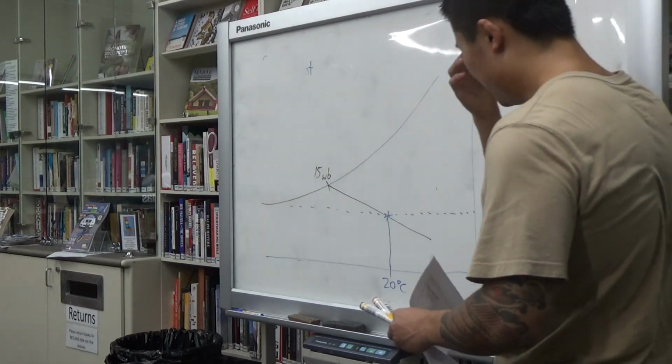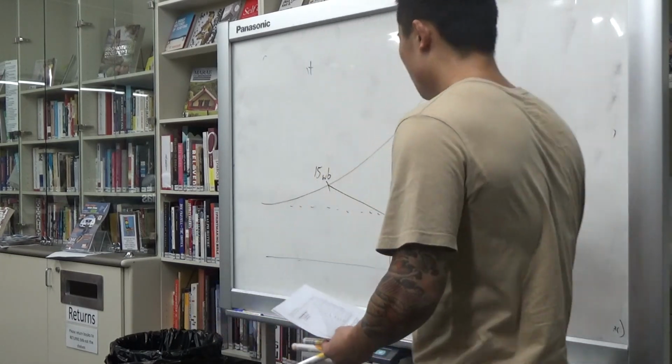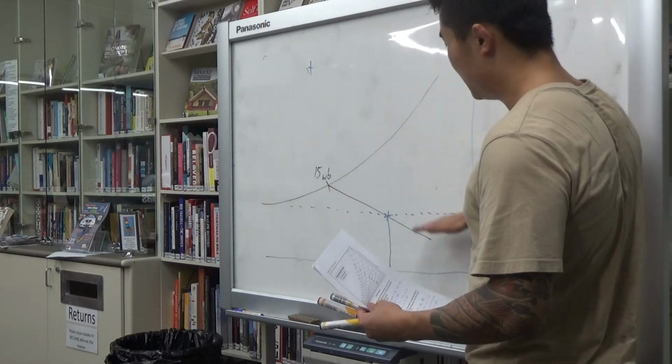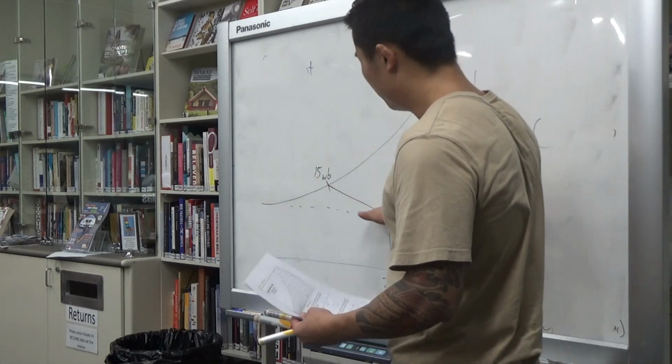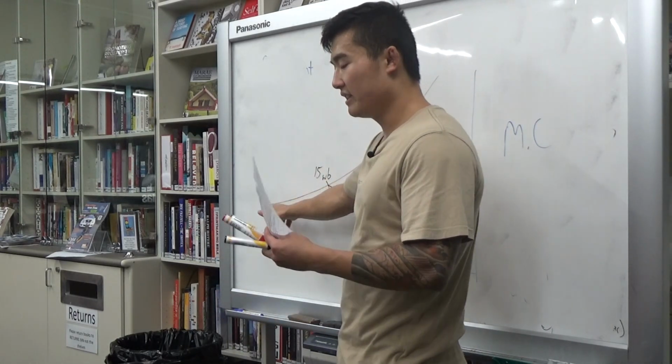So what's happening is the dry bulb temperature is decreasing, so we're going to move to the left. But remember that the moisture content inside the room isn't changing, so we're not going to change the height. So we're just going to move left horizontally until we get to 100% relative humidity.